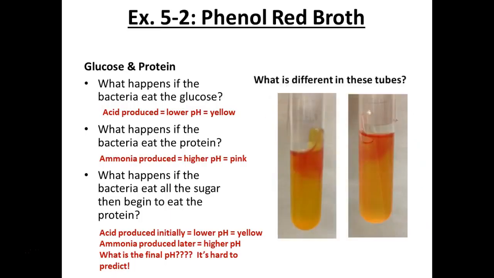So there is some of the things that happen for two of the organisms we have, right? Where you get that yellow, they ate the sugar, right? Because you see the yellow, but now they've moved on to protein, so that's why you're seeing this orange layer. What's different between these two tubes, though?